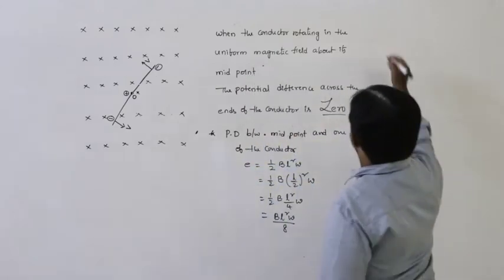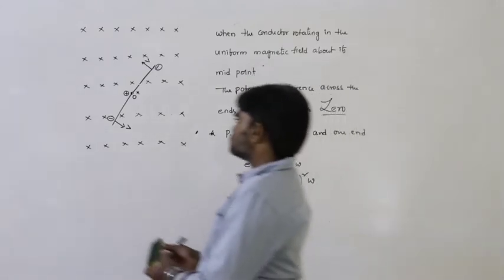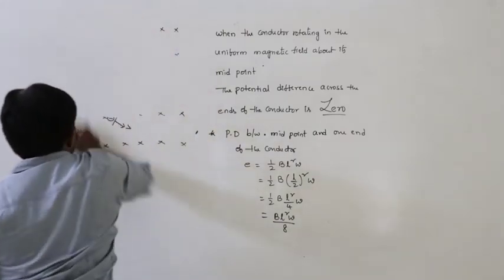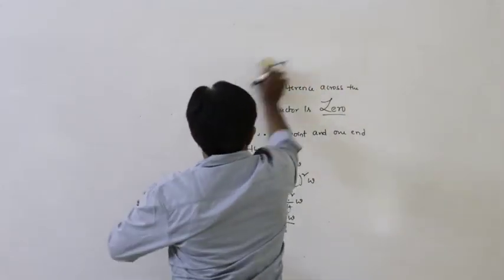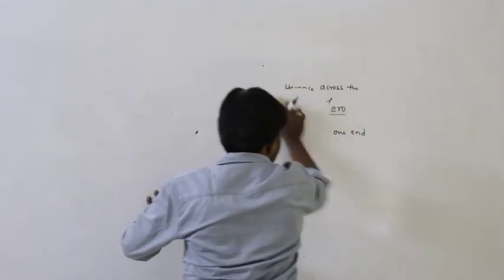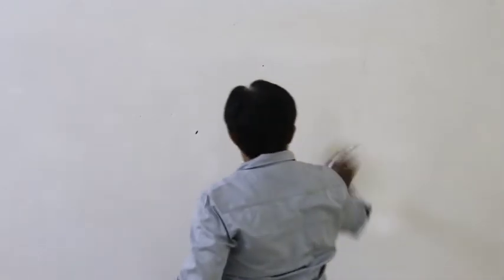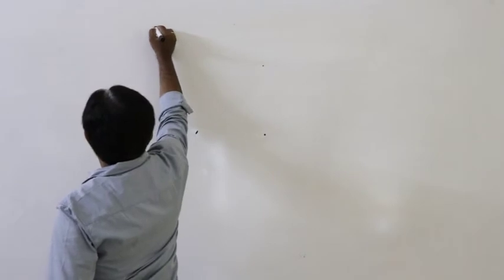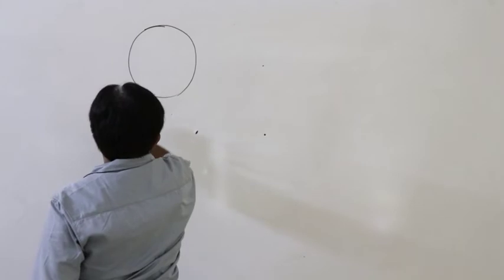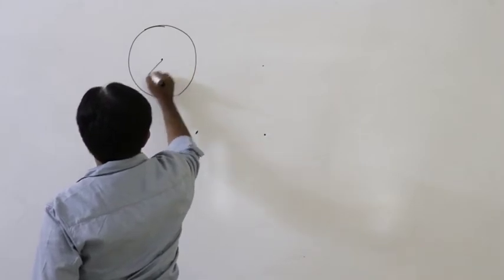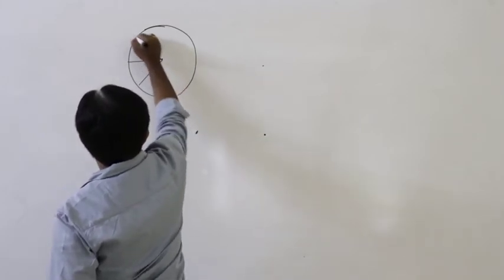Next condition. Now come to the point, spokes of the wheel. For example, a cycle wheel or bike wheel, whatever it is, with a center point, and all these are the spokes.